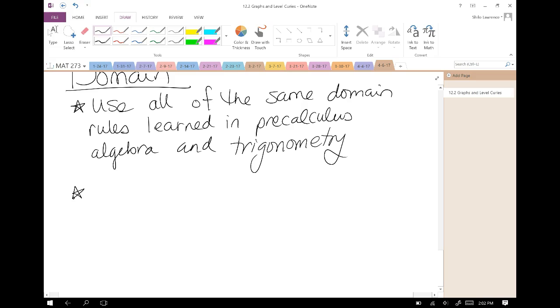Because we've got two independent variables, we're not going to be able to solve for a set of x values and a set of y values individually. Usually what's going to happen is we're just going to be able to come up with a relationship between the x and y values that has to be satisfied. So in that case, we're going to write our domain in set builder notation and just list that rule: we can use all ordered pairs x and y as long as we follow this specific relationship between them.